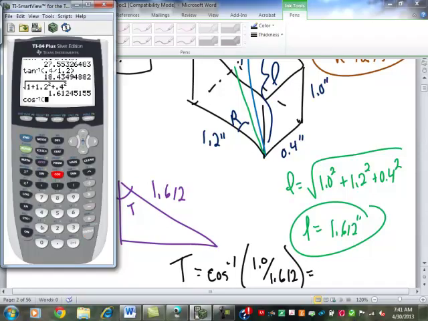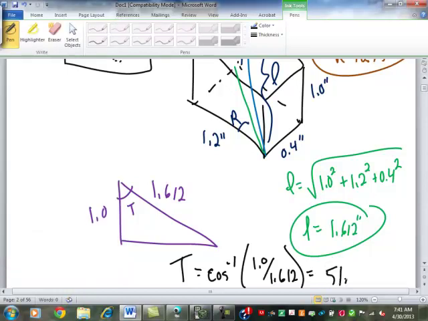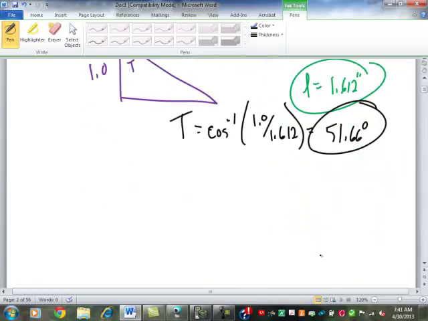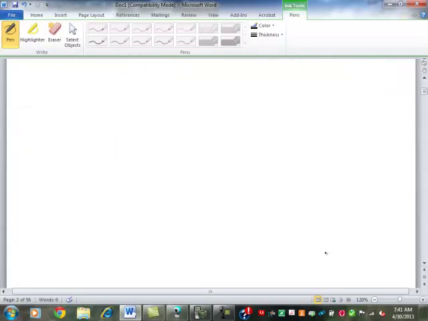So second cosine 1 divided by 1.612 gives us 51.66 degrees. What do you think? Not so bad? Always divide by the hypotenuse. Always, the hypotenuse always goes on bottom if it's in there, yep.